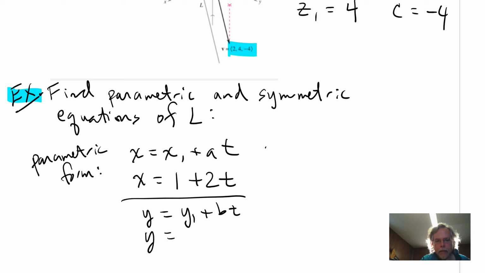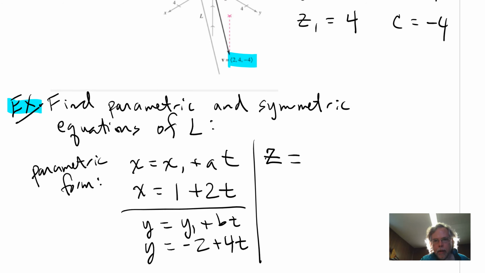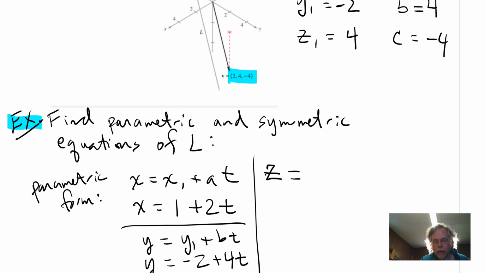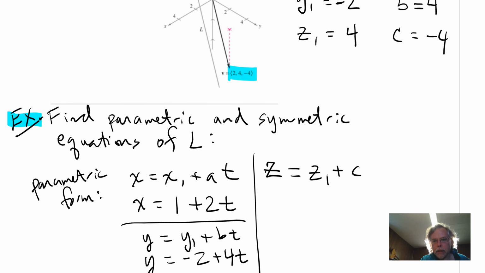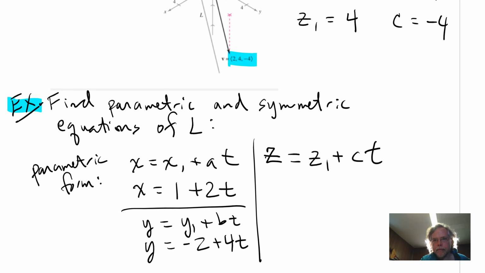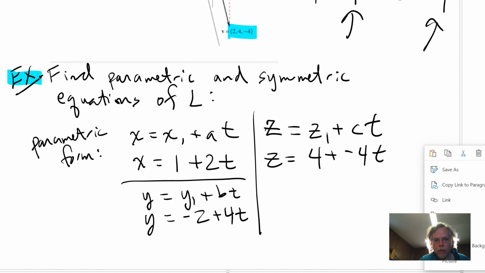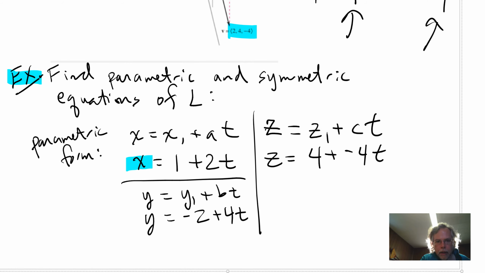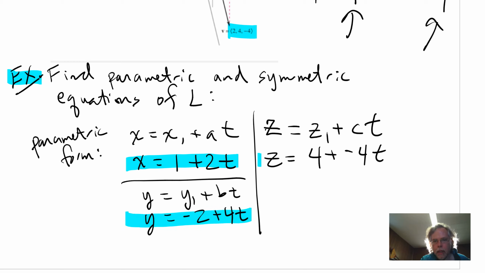So y equals -2 plus 4t. And then for z, in general, z1 plus ct. In this problem, z1 is 4, c is -4, so z equals 4 plus -4t. So the parametric equations are x equals 1 plus 2t, y equals -2 plus 4t, and z equals 4 plus -4t.